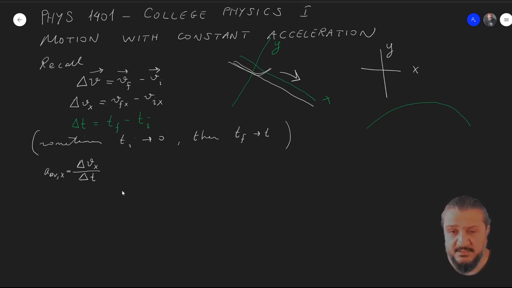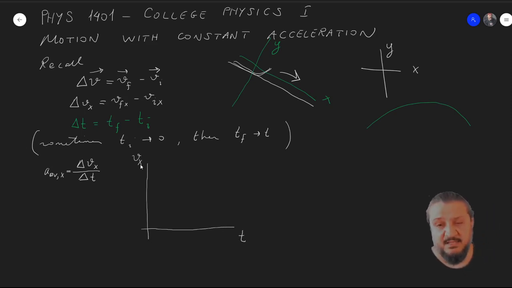So let's use a graph. Let the horizontal axis be t. Let the vertical axis be this velocity in the x direction. Now, if you don't mind, I'm going to switch to this ti equal to 0 approach. So I'm here when t is equal to 0, which means my initial velocity is this, vi x.